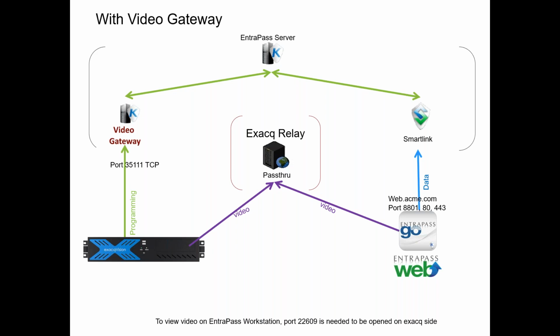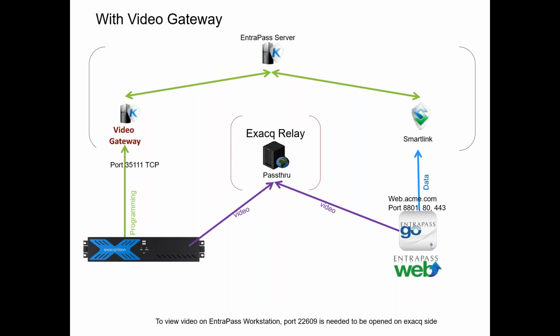That's because there's a clearinghouse, we'll call it, called Exact Relay, that allows you to export the connection, send it up to the cloud, and then the EntraPass Go grabs that connection securely using a username and password and the encryption to actually view the video.